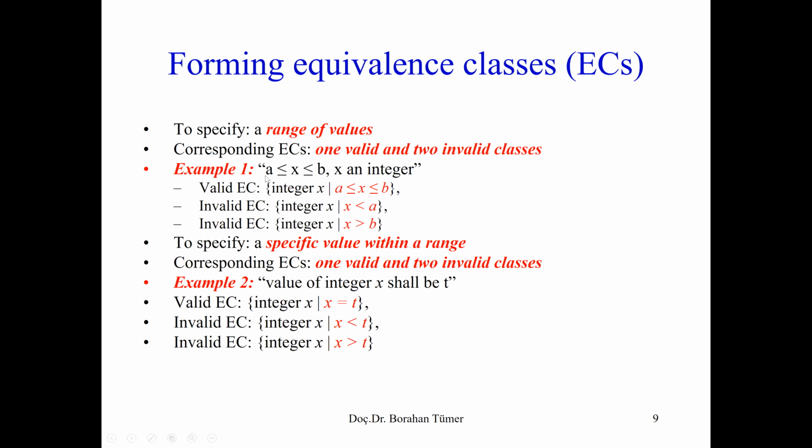One is an invalid one, for those integers that are less than a. A valid one should be between a and b. And the third representative should be another invalid one, greater than b.